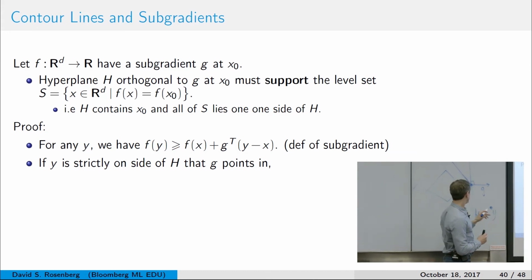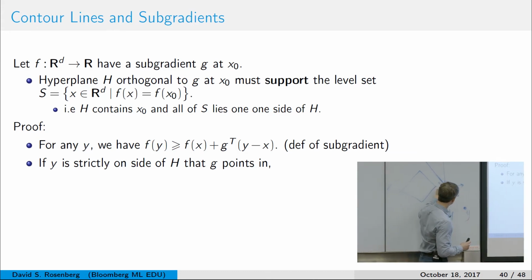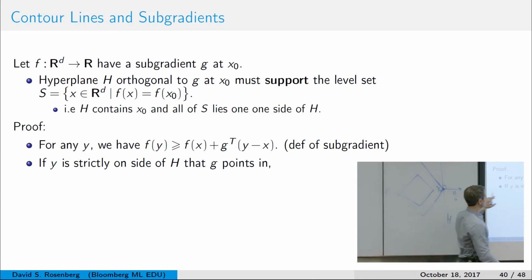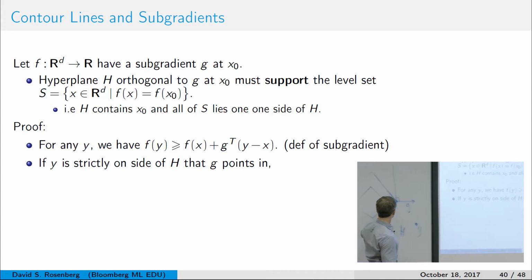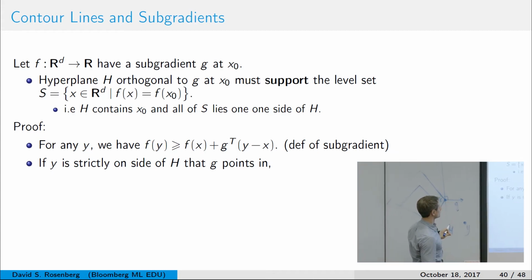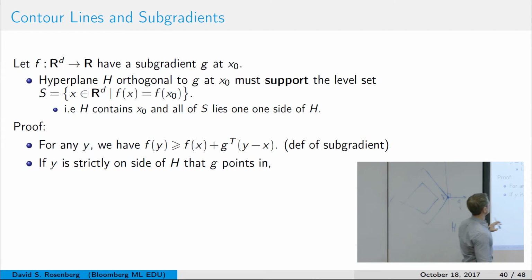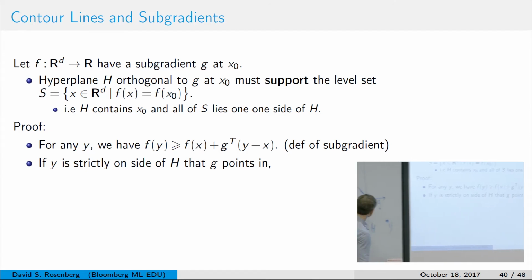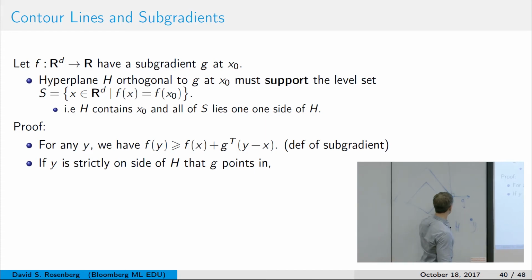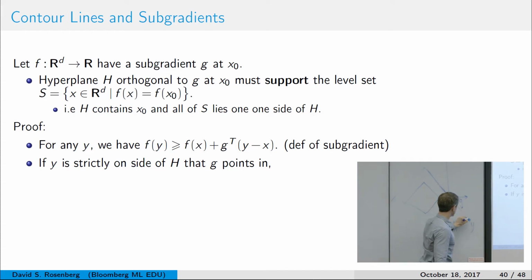So the key reason is that we're taking this inner product between g and y minus x. So let me change that x to x0. Or I should have written x0 here is what's really going on. So y minus x0 is this vector.